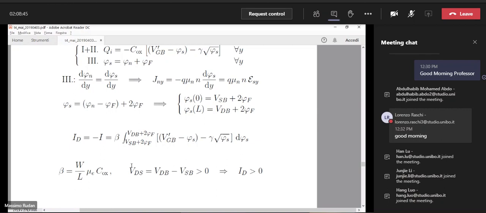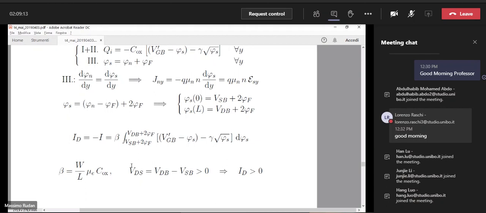As we anticipated at the very beginning, the calculation of the current of the MOS transistor is better done considering the voltages with respect to the bulk reference, VGB, VDB, VSB.